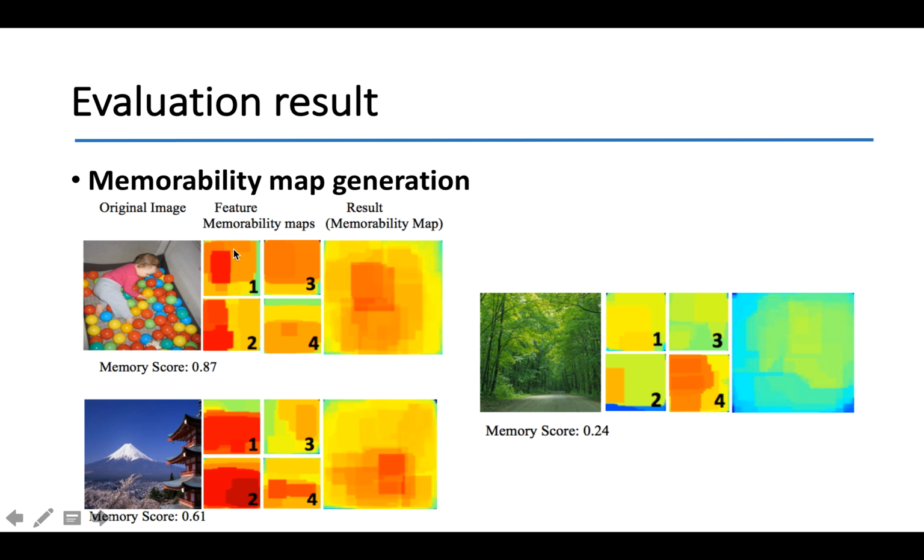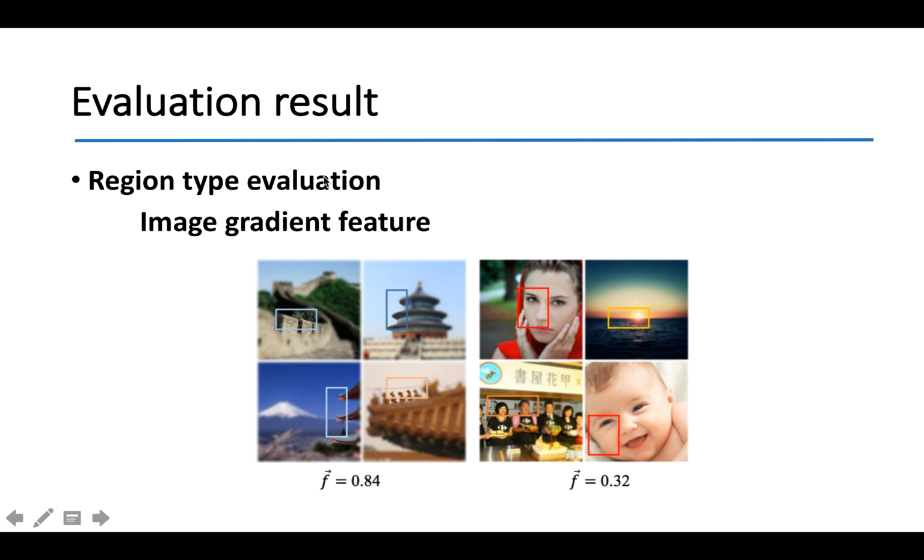After we have gotten the memorability map, we can calculate the region type, as we see here. For each image feature, I calculated the memorability score of the original image and the vector f value the algorithm calculated. The square in the image is a specific region the algorithm calculated. I use color squares to represent the specific region types.